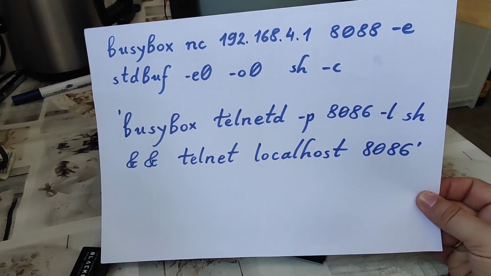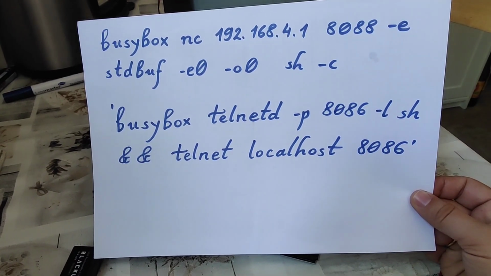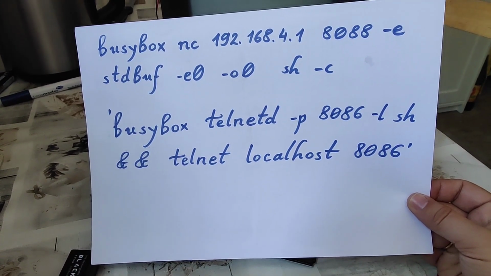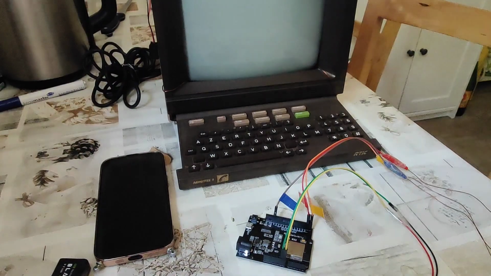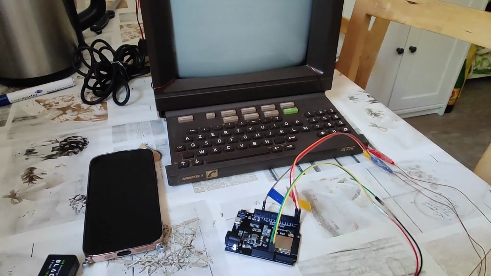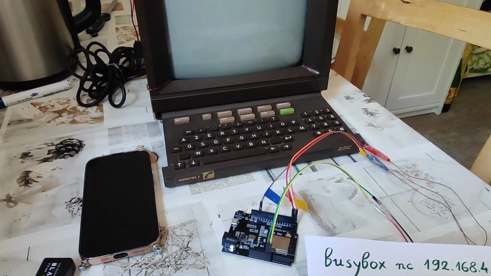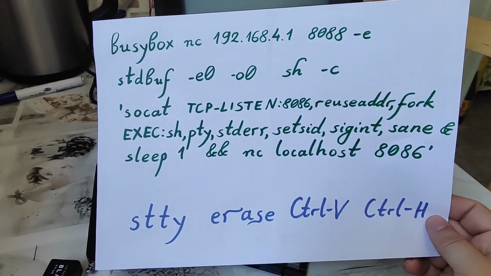So you're just simply starting a local telnet server and connecting to localhost 8086. Despite the telnet server being available also for iSH on the iPhone, it still demands a login and cannot execute it. It is super frustrating. So this is why I really recommend socat for both.